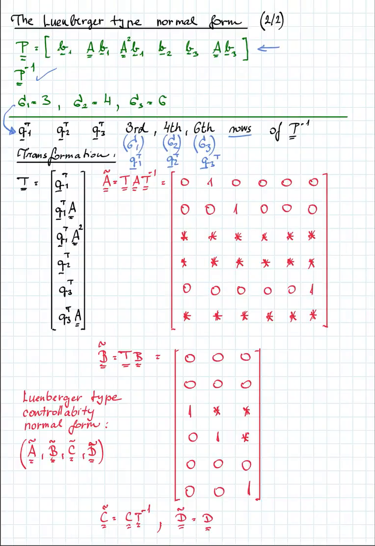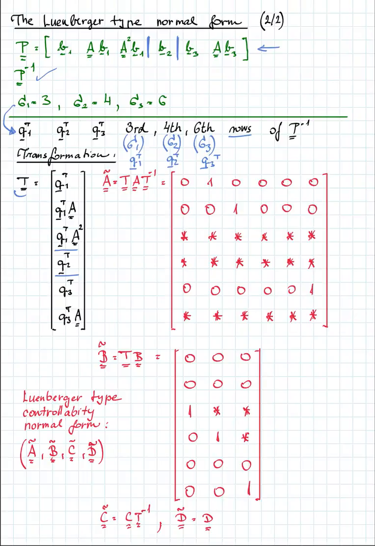row vectors. And with these 3 row vectors, we are going to set up the following transformation matrix, which is denoted by T. There are 3 main blocks of this matrix, according to sigma 1, sigma 2, and sigma 3, or according to the column vectors of the matrix P. The first row of T will be Q1 transpose.